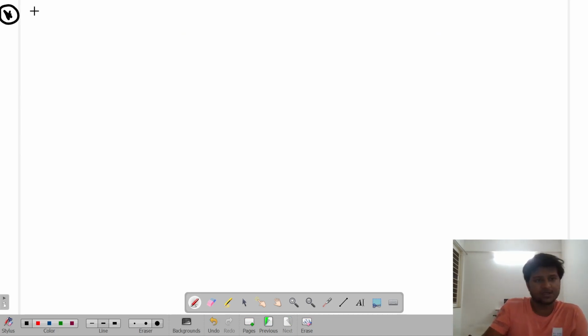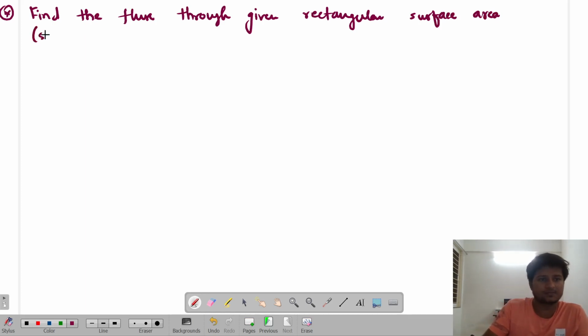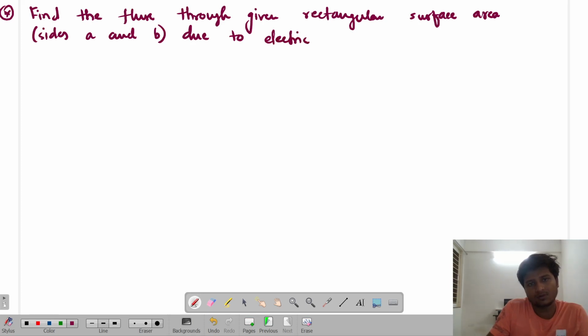Find the flux. I'm giving the question. Find the flux through the given rectangular surface area which has sides A and B, due to an electric field given as 8i cap plus 6j cap.